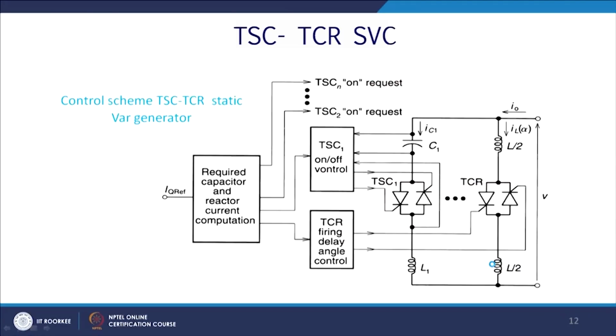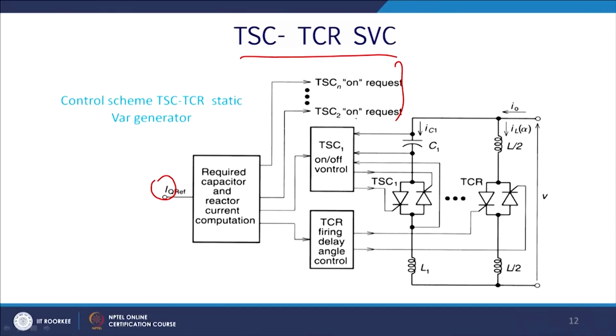So, this is the scheme of TCSC TCR SVC. So, you have n such TCSCs and you require the IQ ref. So, you can find out what will be the number of such elements, actually 1, 2, 3 to 7 is required. So, for this reason you will turn on those, 1 to n.